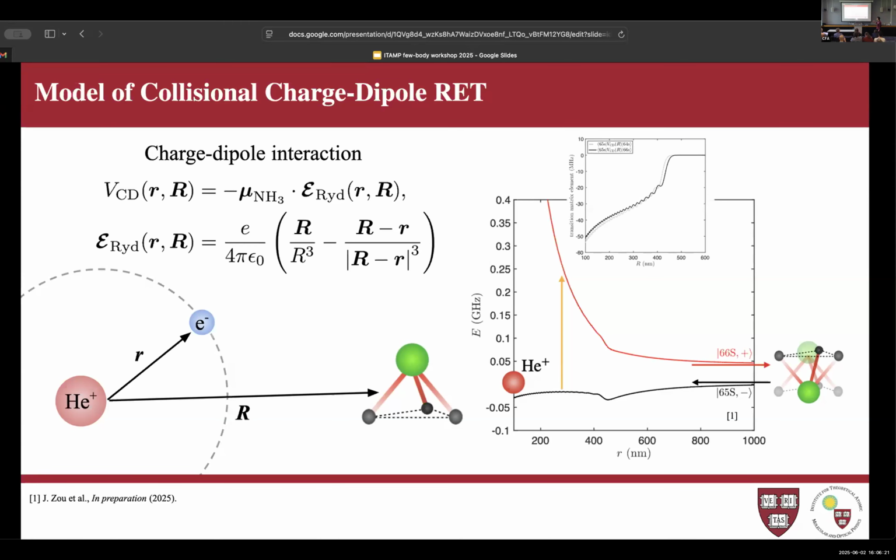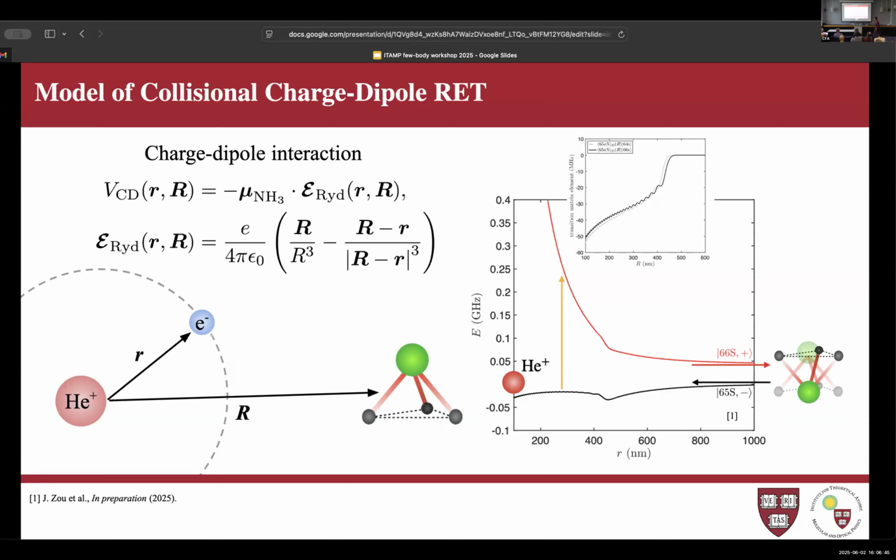And so here's the actual transition matrix element that we compute as a function of the big R, which this was supposed to be. And you can see that only inside this 400 nanometer range does this interaction become significant, and they can start having excitation between the diabatic energy levels due to this collisional type process.